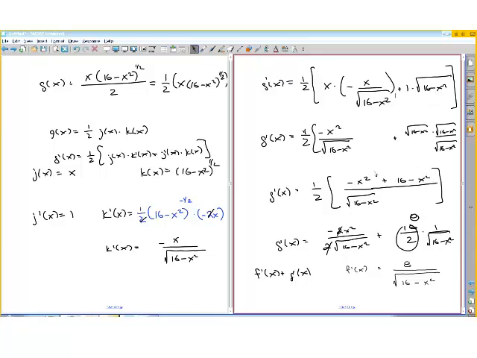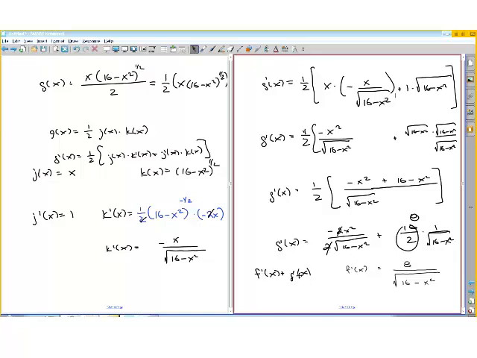So we take this from the second term, we combine it with the first term, and you get negative 2x squared divided by 2 times the square root of 16 minus x squared. Then you have the constant left over. So you have 16 divided by 2 divided by this square root of 16 minus x squared. So that's 8. So that's g prime of x.